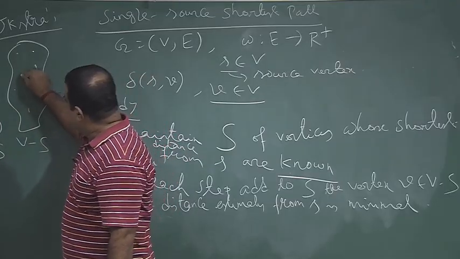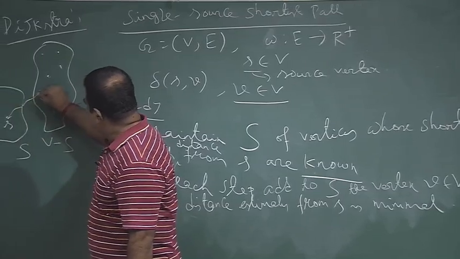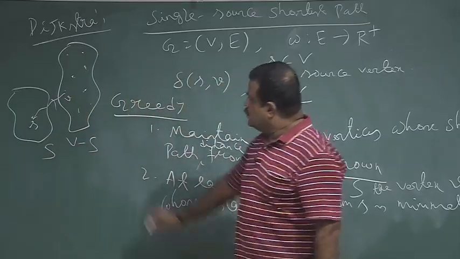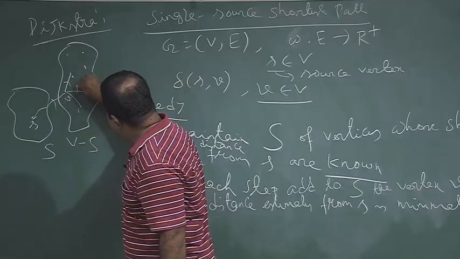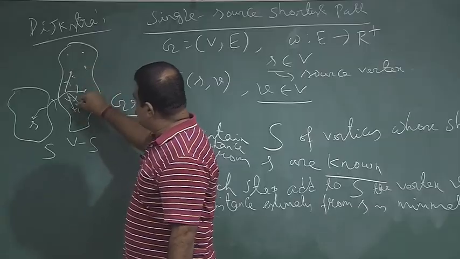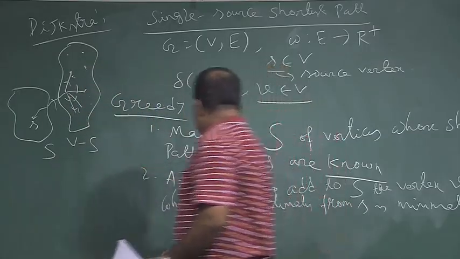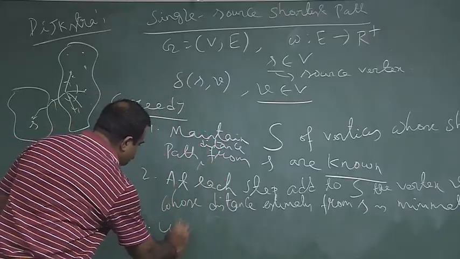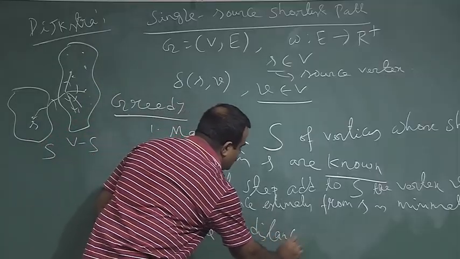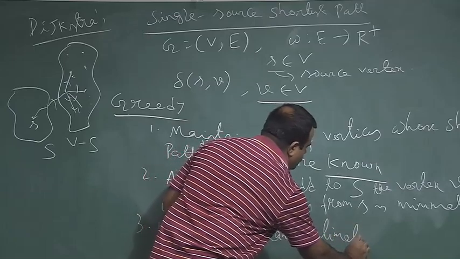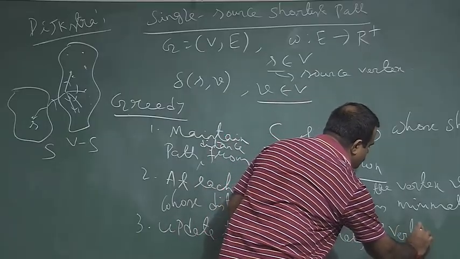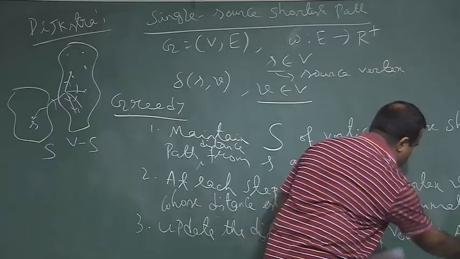We choose the vertex v with the minimum distance estimate among these and capture it into S. Now v has some adjacent vertices. Since v is in S, we update the distance estimates of the vertices in the adjacency list of v.